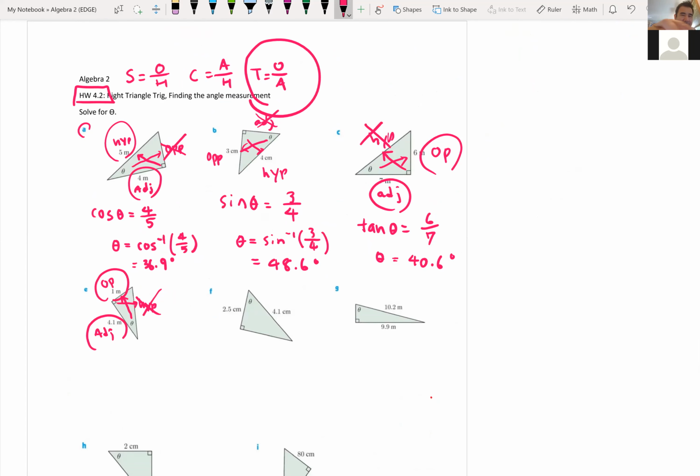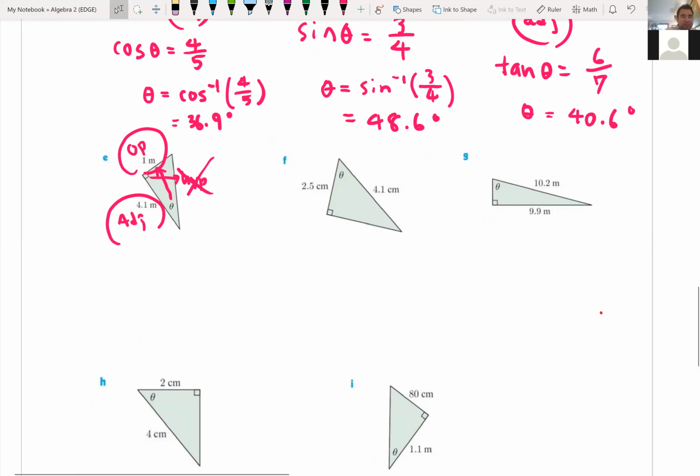It's this one, tangent again. So tangent of theta, we don't know the angle measurement, is opposite over adjacent, 1 over 4.1.